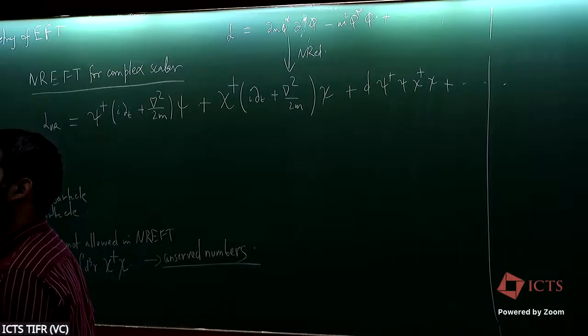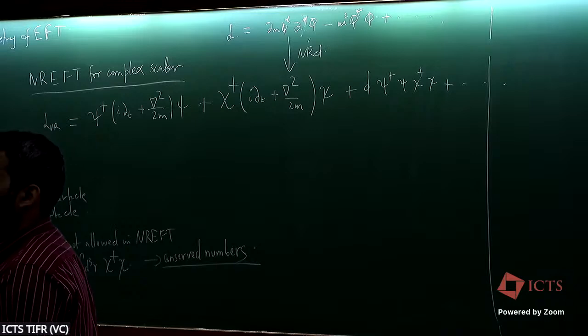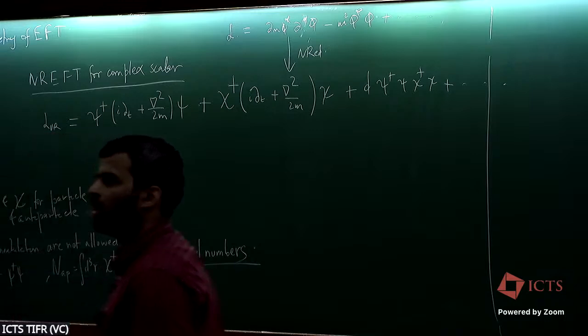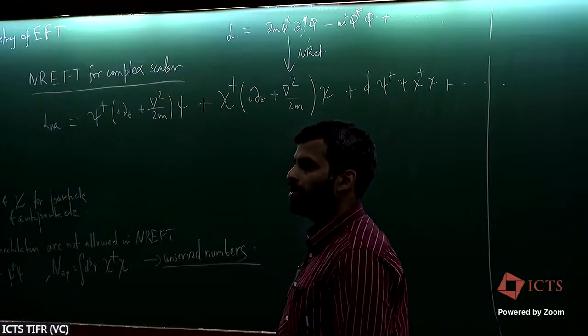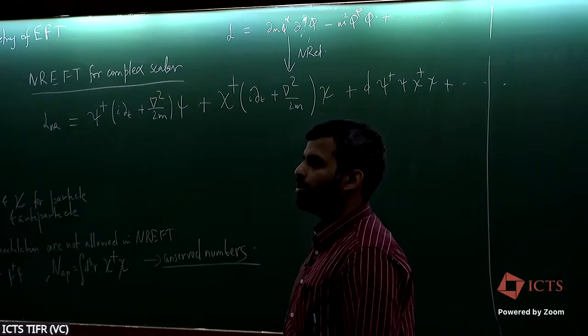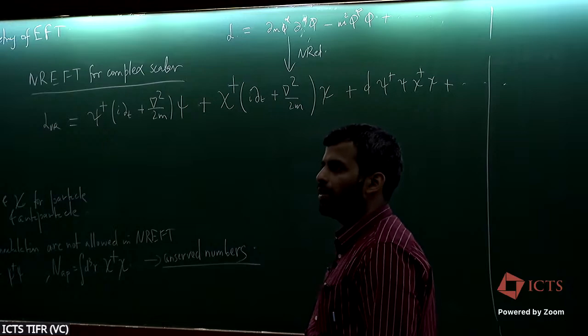In general, all the symmetry of QCD has to be the symmetry of the EFT. You are starting with a QCD theory and then going to a low energy theory of QCD, so the symmetry of QCD should be carried over to the EFT.